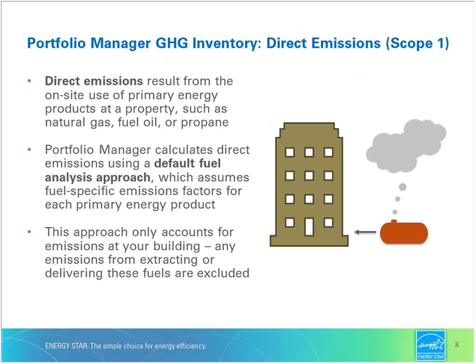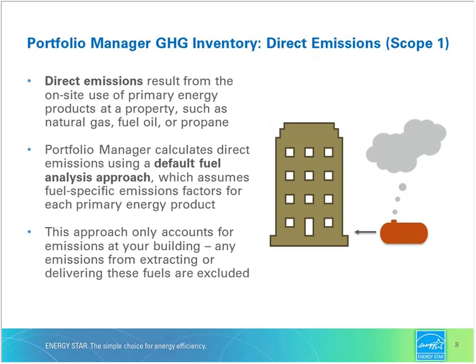So there are two primary types of emissions that make up your greenhouse gas emissions metrics in Portfolio Manager. And these are direct emissions and indirect emissions. Let's start with direct emissions because I think they're a little bit simpler to explain.